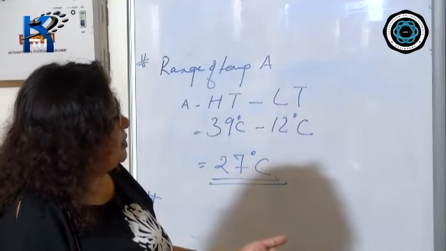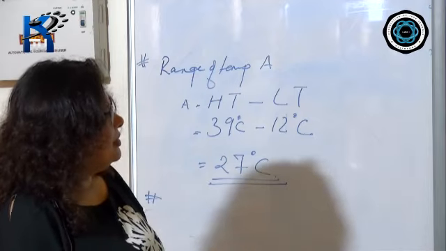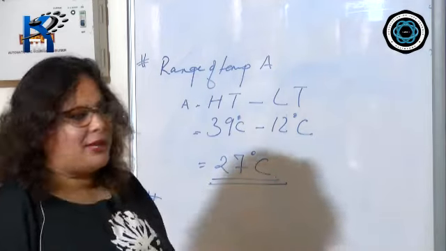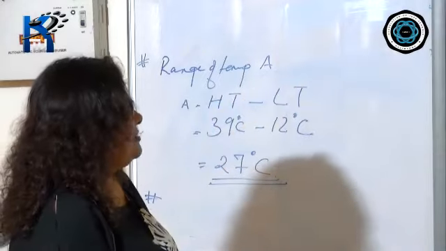Then they might ask you in which month the rainfall is very high. So it is mostly in the months of June, July, August and September. So these are the common questions that they might ask you if a climatic table like this has been given.